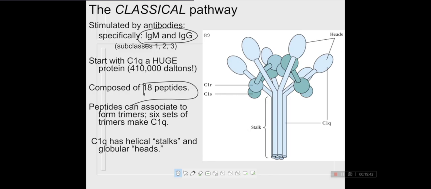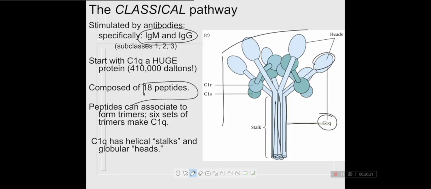Peptides can associate to form trimers. 6 sets of trimers make C1q. See here, this is 6 sets of trimers that make a C1q, right? C1q has helical stalks and a globular head. This is the globular head and this is the stalk. This is composed of 18 peptides.